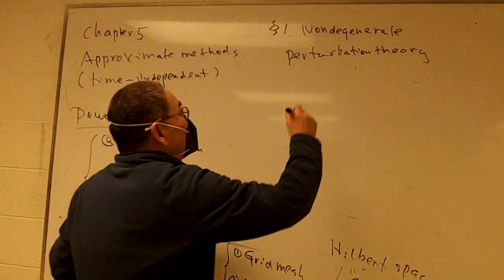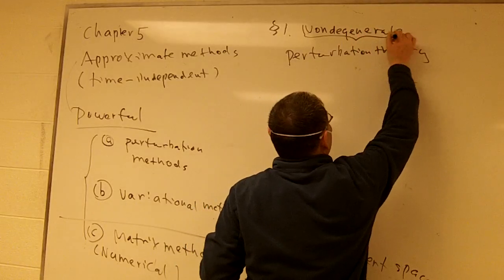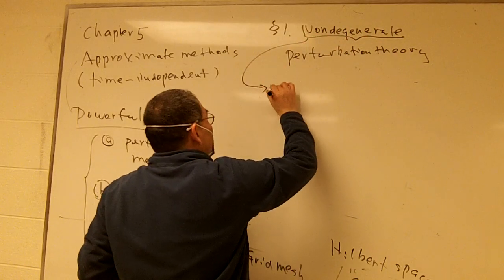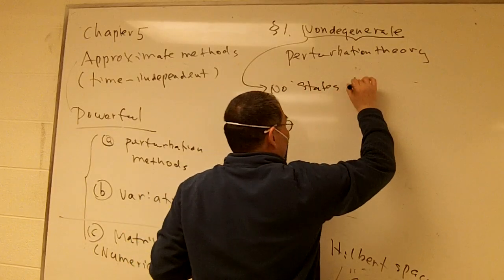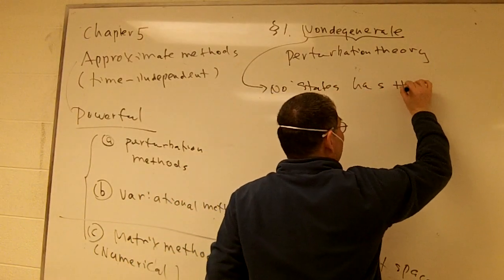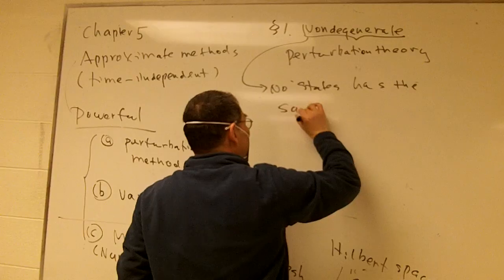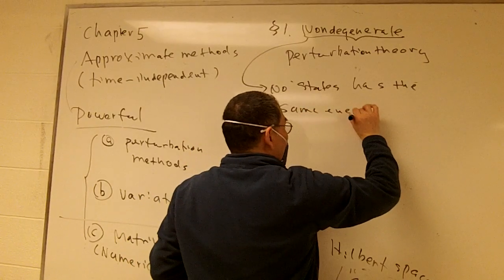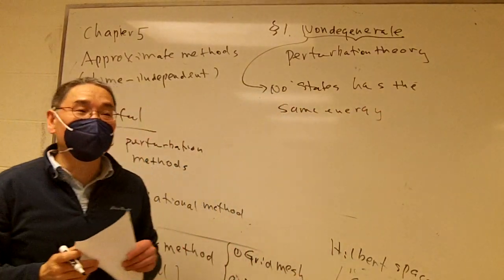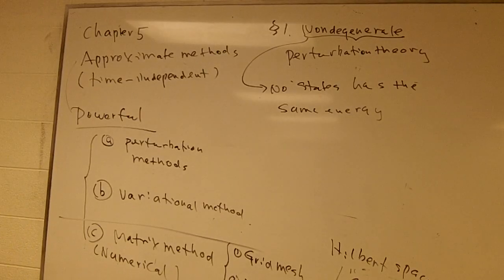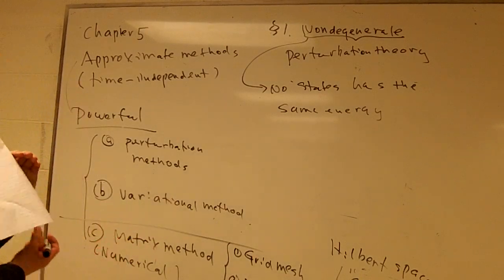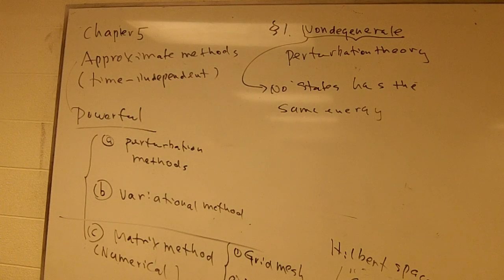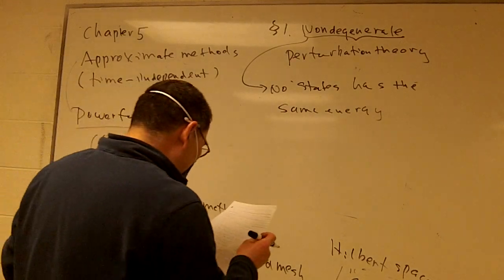Did you see we have the keyword non-degenerate, which means no states have the same energy? In other words, what we'll deal with is a system where there is no degeneracy.